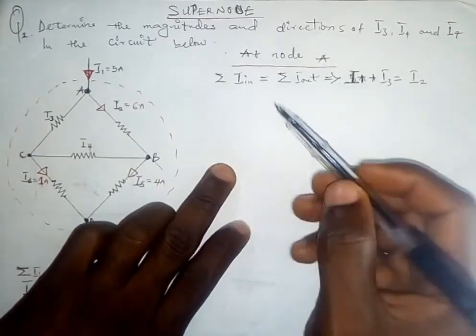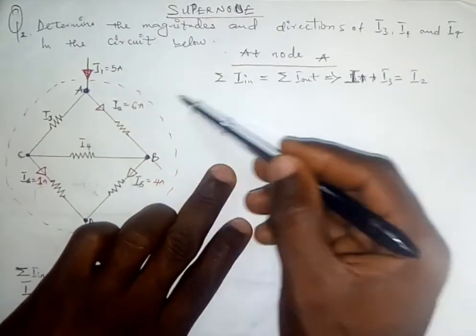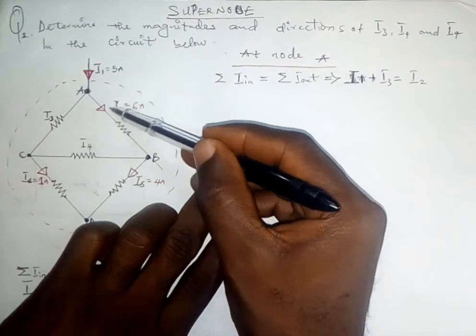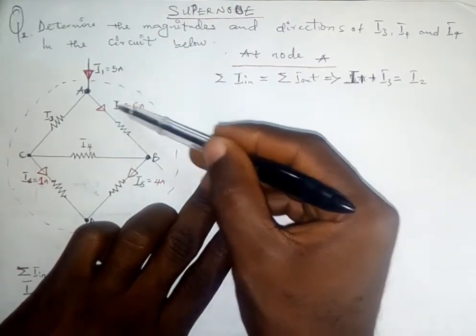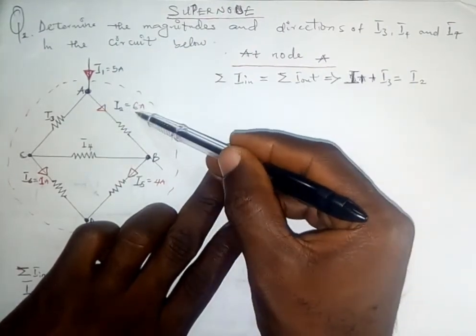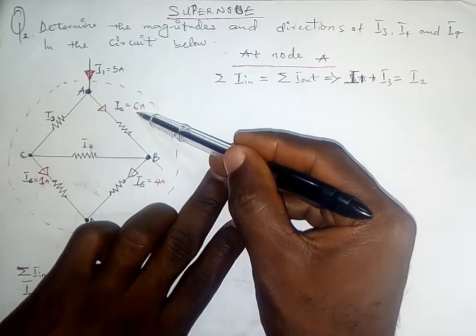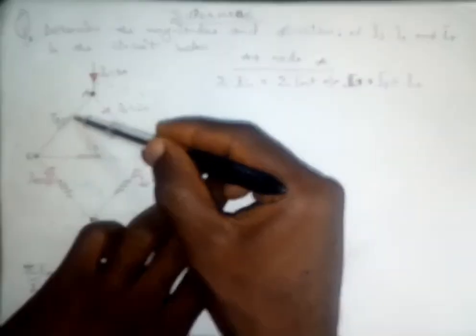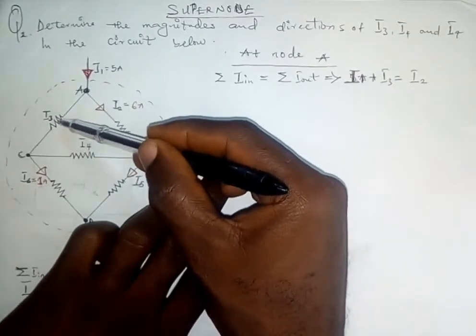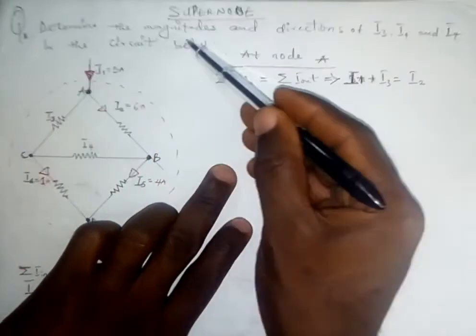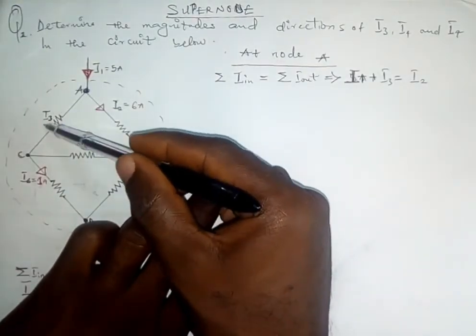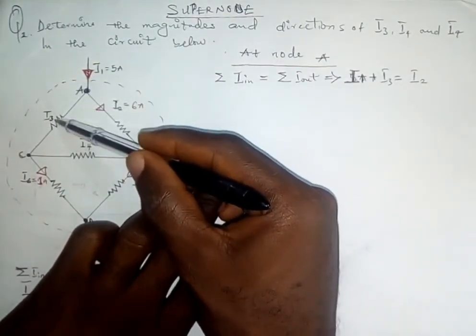So what I said was that for KCL to be obeyed, according to what we gave here, we have our I2 leaving the node, which is equal to 6 ampere, and the one that is entering is 5 ampere. So we have to determine the magnitude and direction of I3.